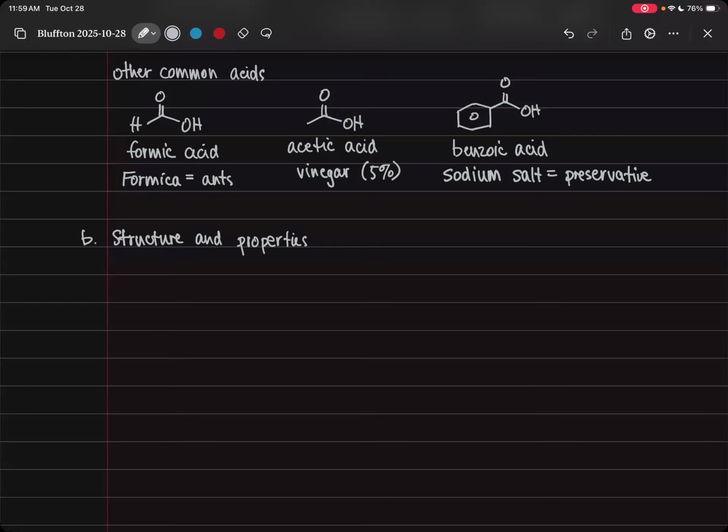Okay, so some brief things about structure. I'm going to draw this kind of funny. So this is just two carboxylic acids next to each other. One of them's flipped upside down and spun around, but whatever.